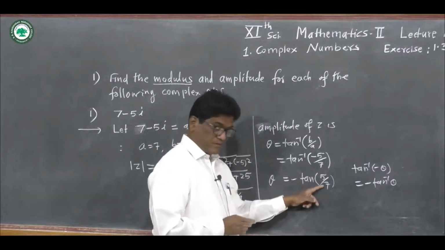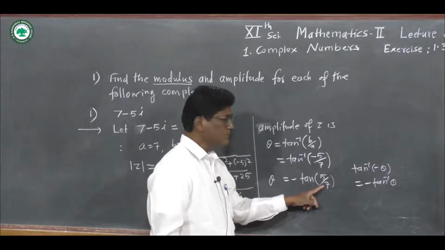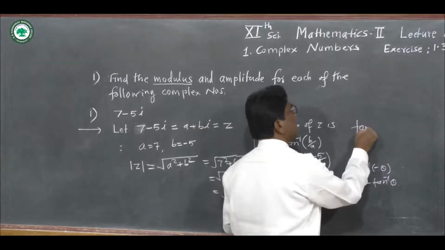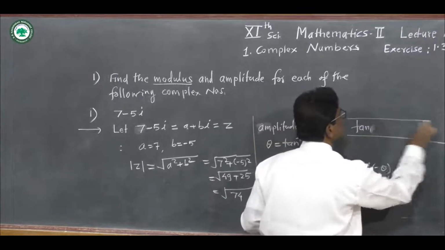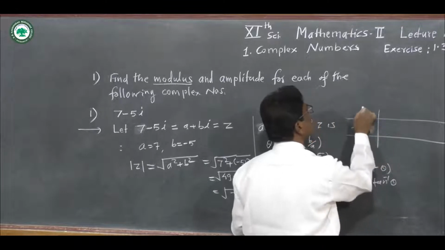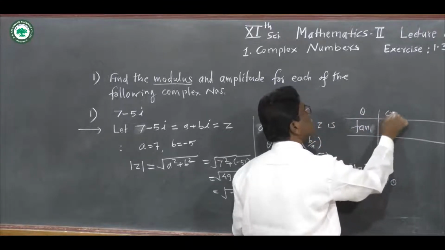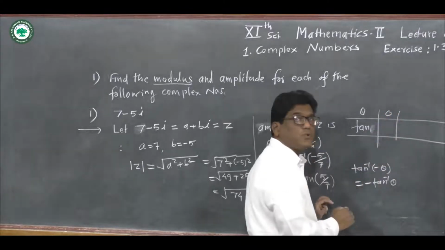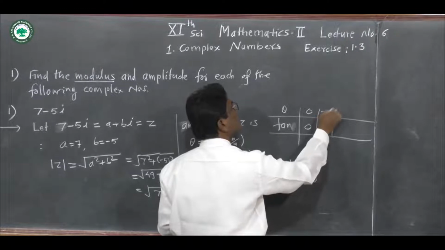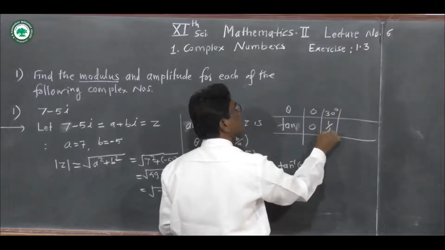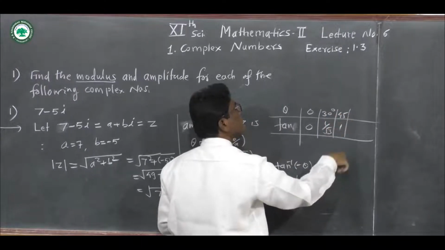This 5 upon 7 is not standard, it is not in the table of tan, because we know the values of tan. Suppose theta is 0, tan of 0 is sin 0 upon cos 0, that is 0. Then tan of 30 degrees is 1 upon under root 3. Tan of 45 degrees is 1.